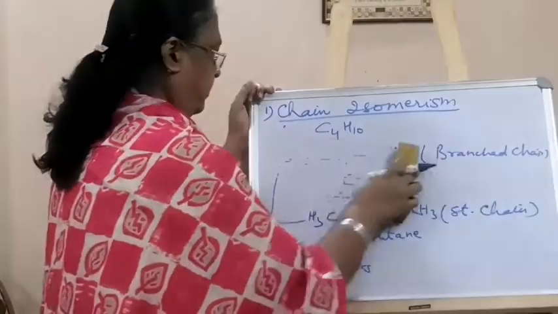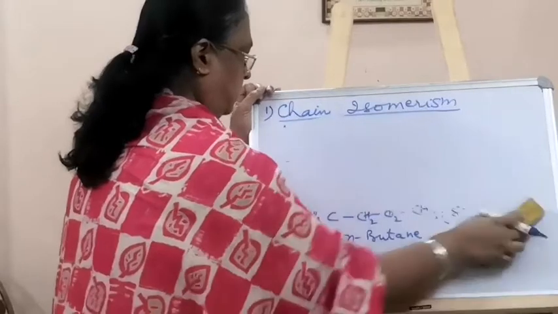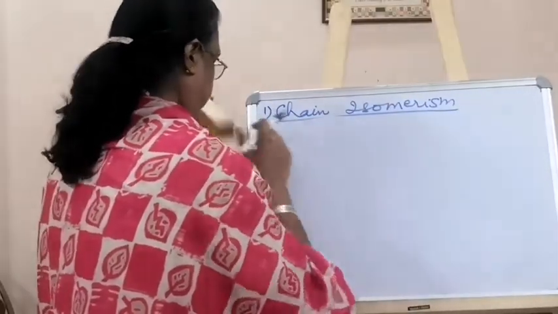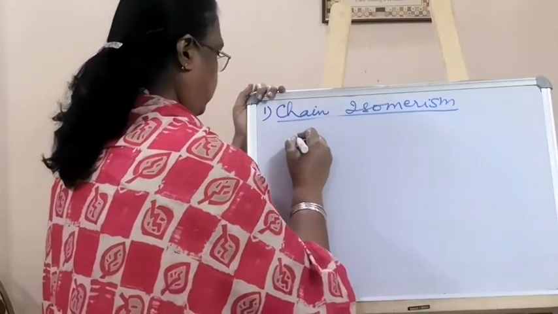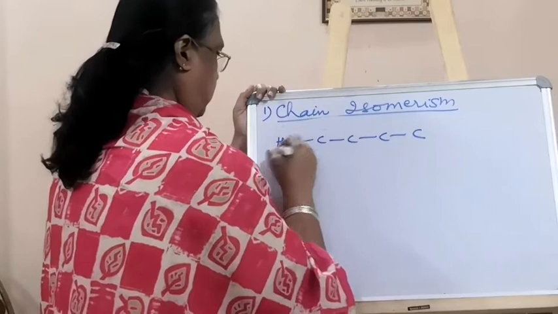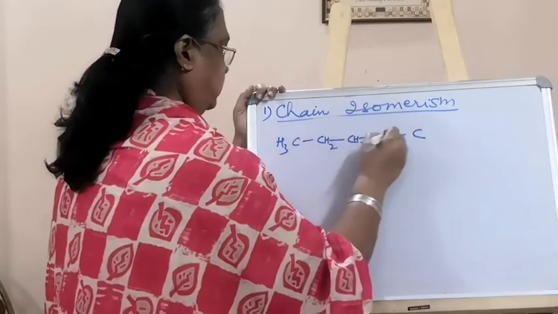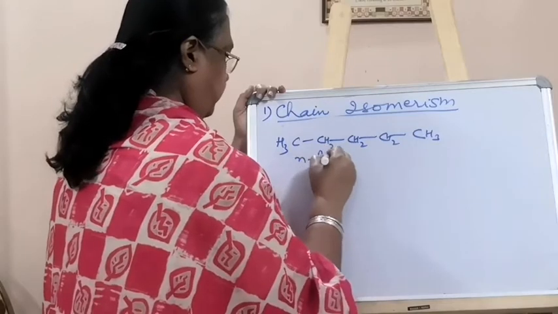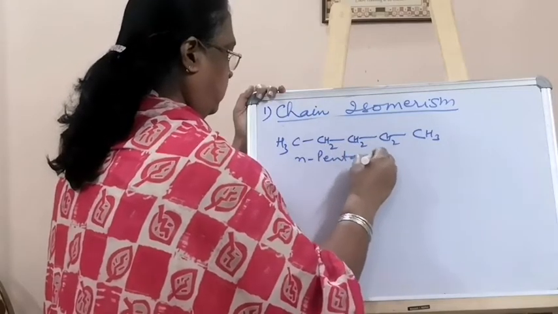So take one more example. If you have 1, 2, 3, 4, 5, this is normal pentane, n-pentane, straight chain.